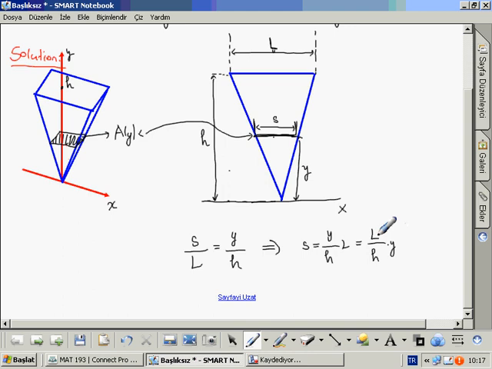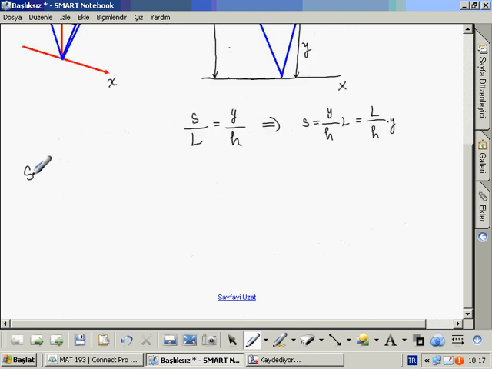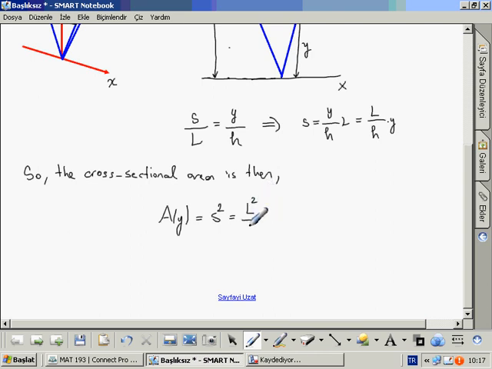And so the cross-sectional area is then A of y equals s squared, right? So that means L squared over h squared times y squared, right?